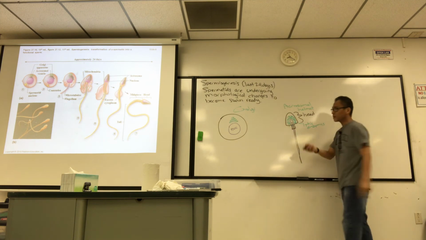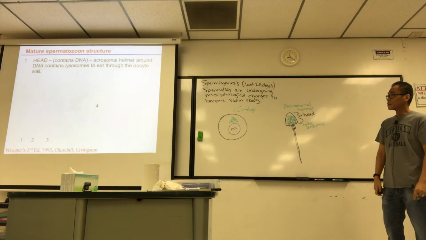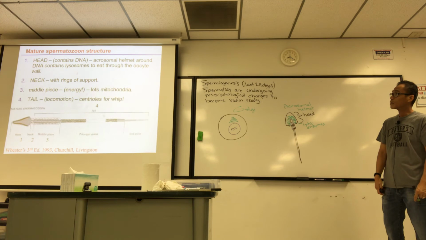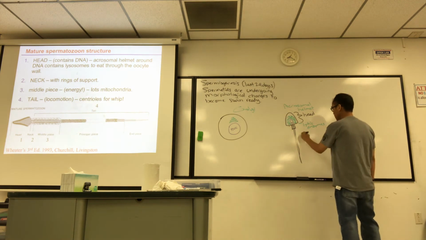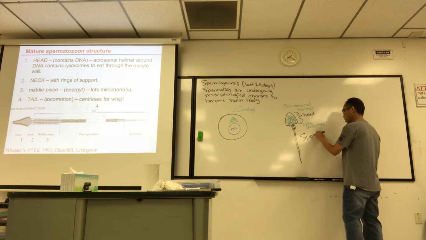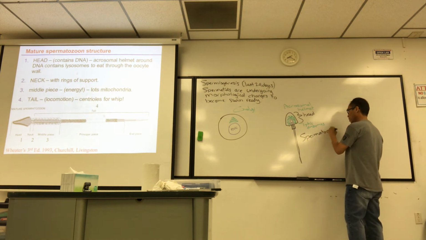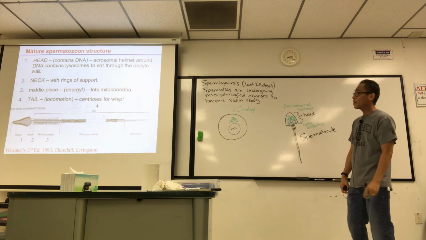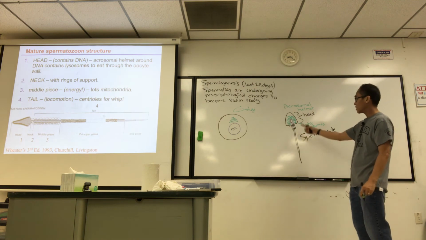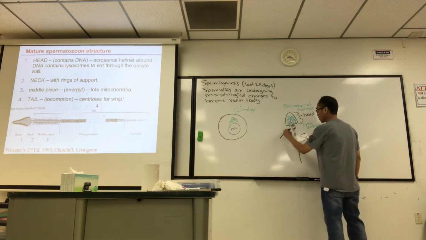Let's look at another picture. Sperm structure. We've been calling this sperm. The full name is spermatocyte. Here are the structures there. Head, which I've said. The neck would be right here.